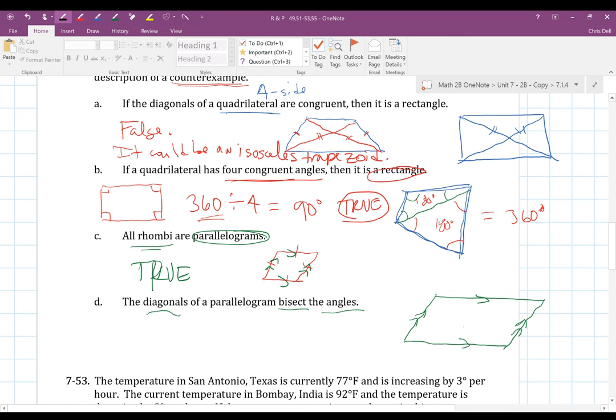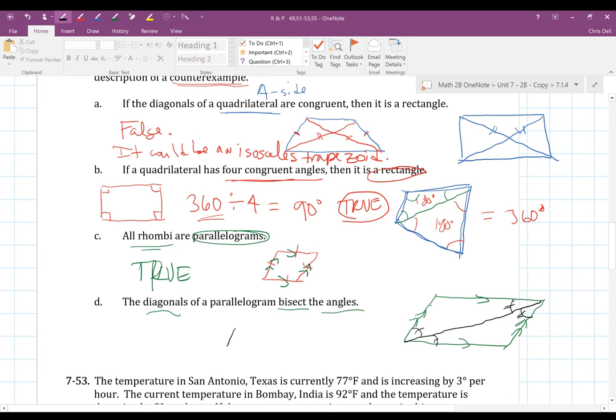That would mean that when I draw this, this angle is equal to that angle, and this angle would be equal to that angle. Let's see. Is that true? It doesn't look like it is, right?